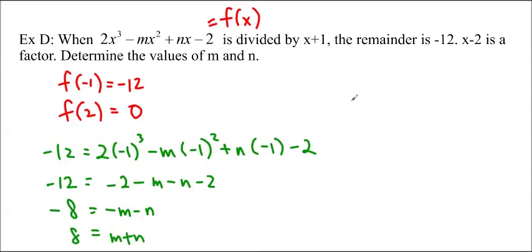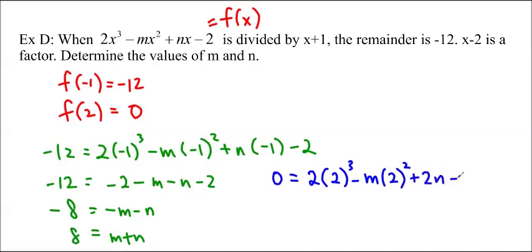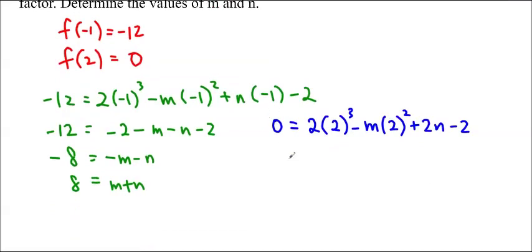And then we have f of 2 equals 0, so 0 is equal to 2 times 2 cubed minus m times 2 squared plus 2n minus 2. And you shouldn't skip this substituting step, it's really important. I'll write it in, and we get 8 minus 4m plus 2n minus 2.